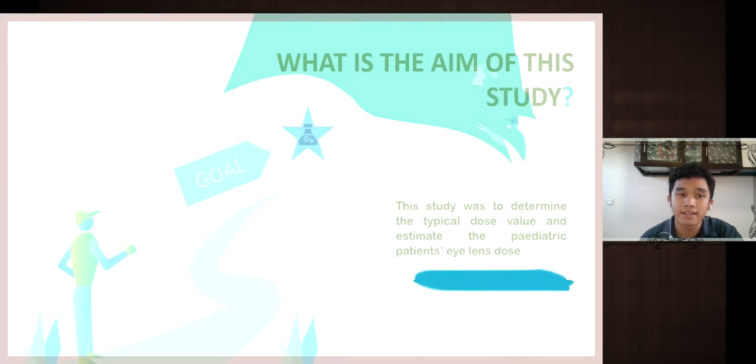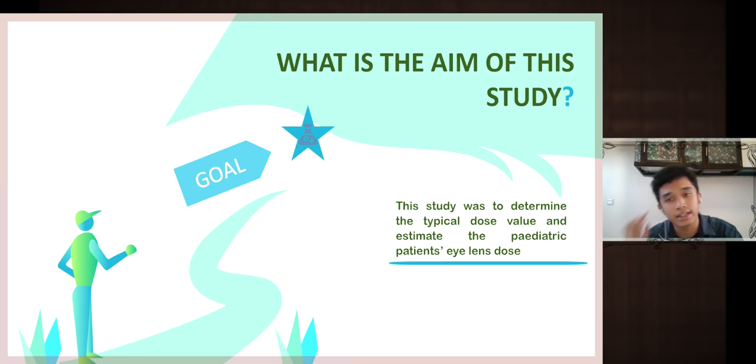Next one is the aim of this study. This study has two major aims. The first one is to obtain the typical dose value for treating pediatric retinoblastoma in terms of the most common radiation dose indicators in angiography.